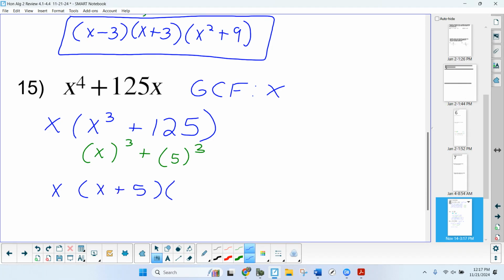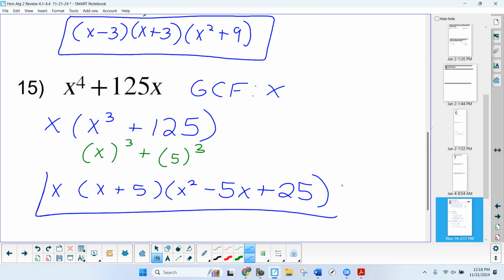And now Quinn. X squared, minus 5x, plus 25. Now, this is not factorable. There's nothing that multiplies to give you 25 that adds to give you negative 5. And these are linear. You're done.